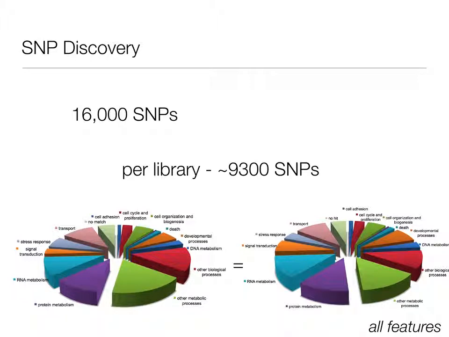And this is just a comparison of an enrichment. These are where the SNPs were, and that's where all the features of the one that I showed you before. If one piece of the pie was bigger, that would have been more enriched for SNPs. So you can see, are SNPs more likely to be in one biological process as opposed to the other? Without looking at data, would you think that's possible?